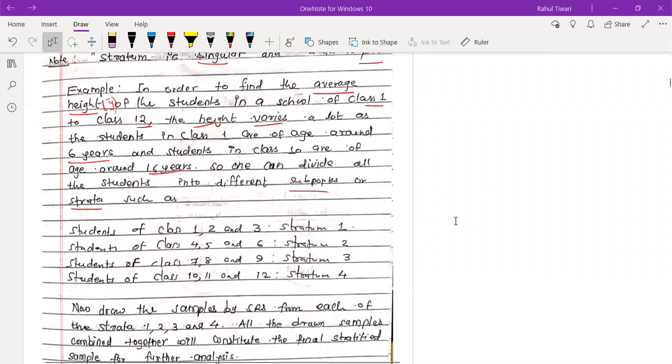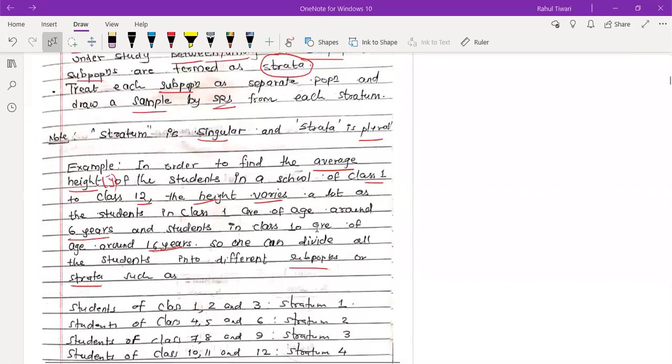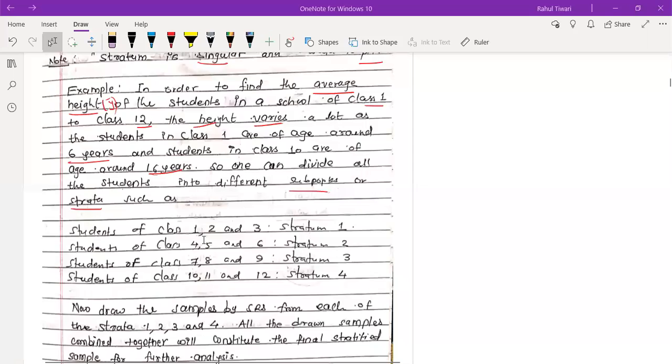So what I'm trying to say here, you can see we have total class 1 to class 12 students data, and their approximate age will be 6 years for class 1, and around 16 years for class 12.